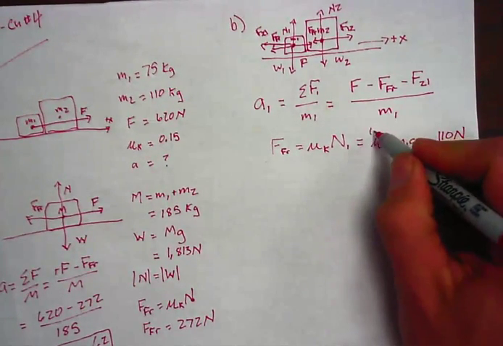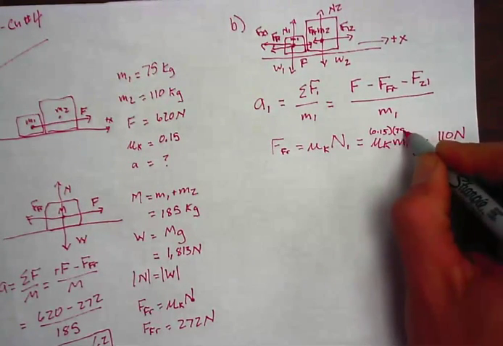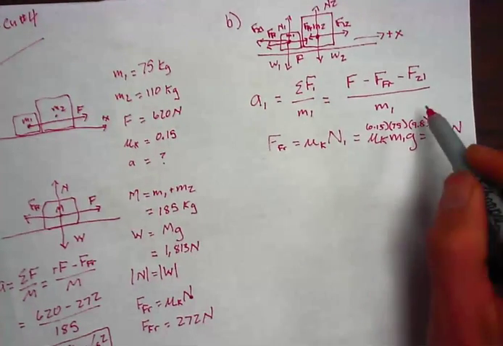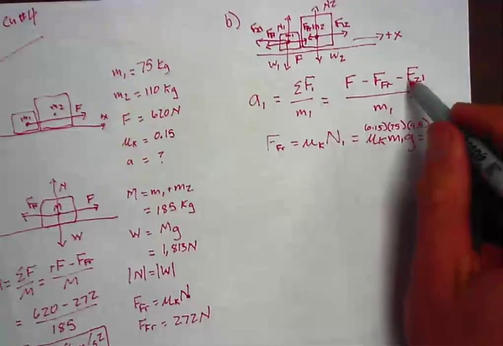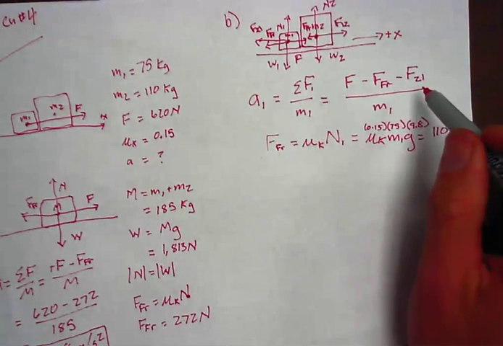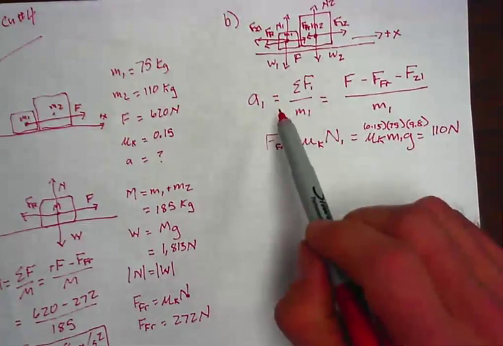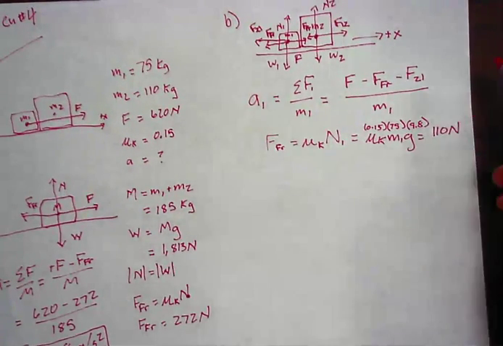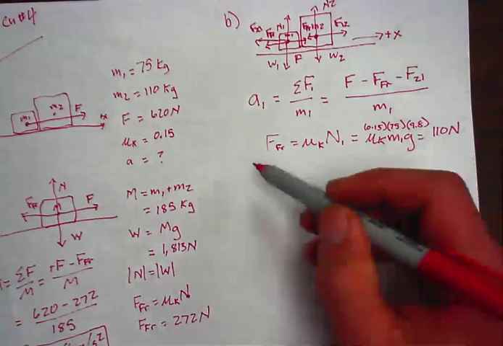I'm plugging in 0.15, 75, and 9.8. So the only thing I don't know in this equation is F21. That's what I want to know: how much force are box 1 and 2 exerting on each other? What is that force? If that's the only thing I don't know, I can solve for it.